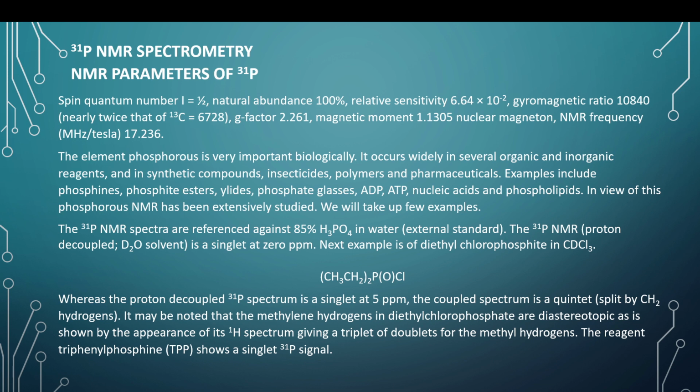The proton decoupled 31P spectrum is a singlet at 5 ppm. The coupled spectrum is a quintet split by CH2 hydrogens. It may be noted that the methylene hydrogens in diethyl chlorophosphate are diastereotopic, as is shown by the appearance of its 1H spectrum, giving a triplet of doublets for the methyl hydrogens. The reagent triphenylphosphine shows a singlet peak for 31P.